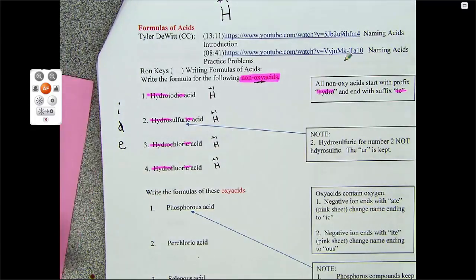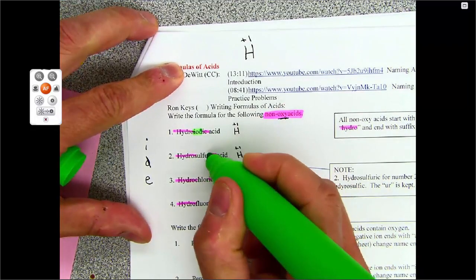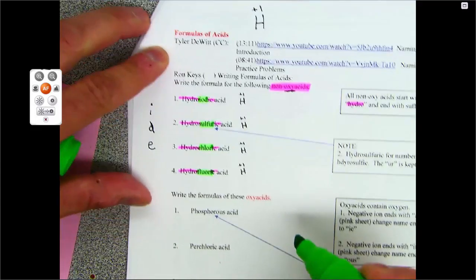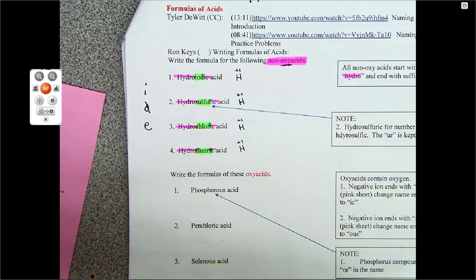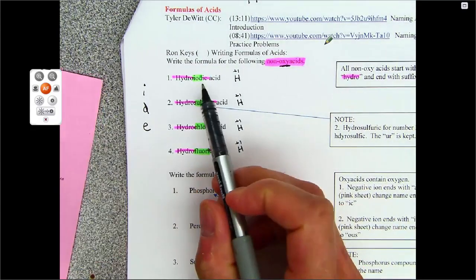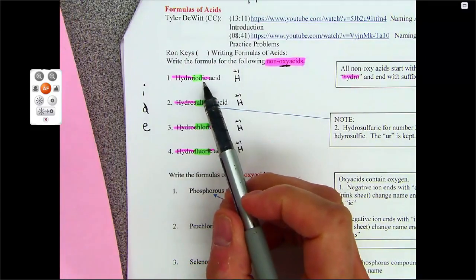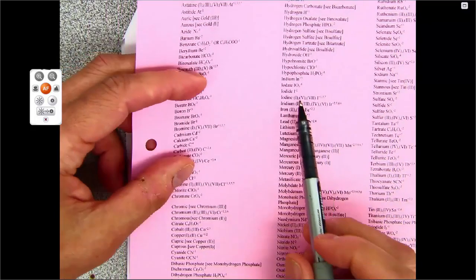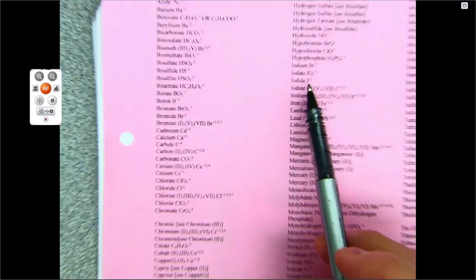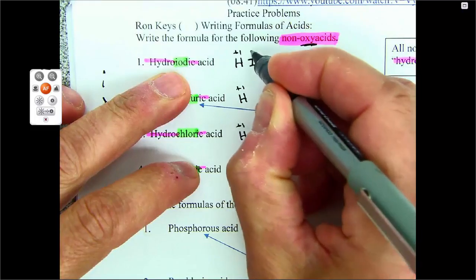So this middle part is our negative. If we look on our sheet, iodide is just I-1. Okay, so hydroiodic acid is just H+1, I-1, done.